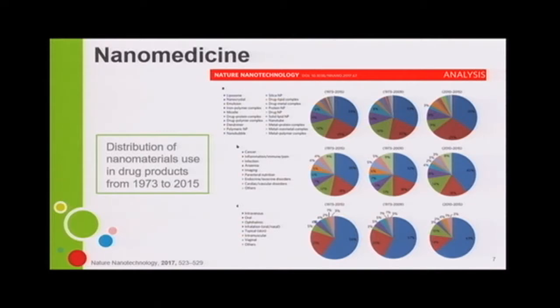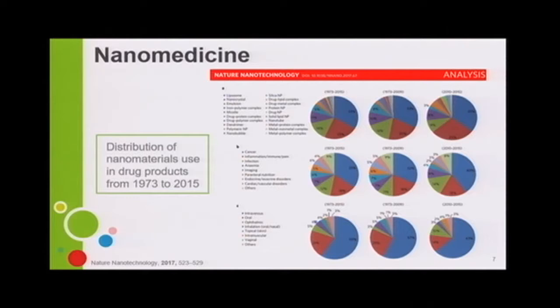And as you can see here in this picture that was presented in this paper in Nature Nanotechnology, there are a lot of nanomaterials that could be helpful to improve the pharmacokinetic profile of some drugs. And as you can see, there are liposomes that are the most used in clinic, and then nanocrystals, emulsions, and so on.